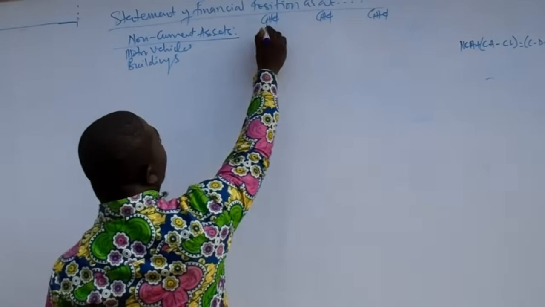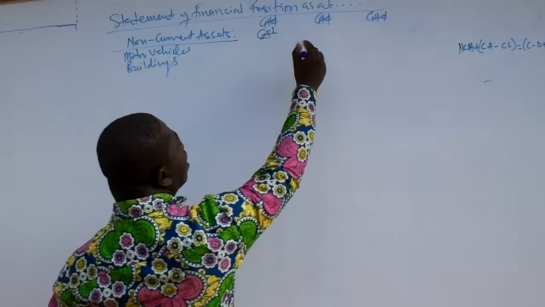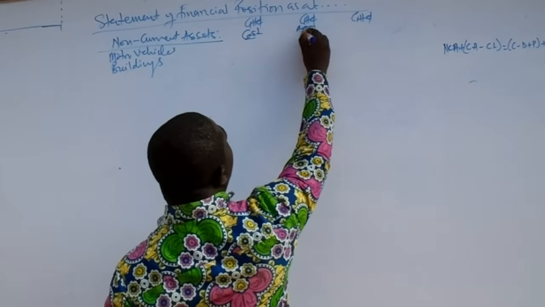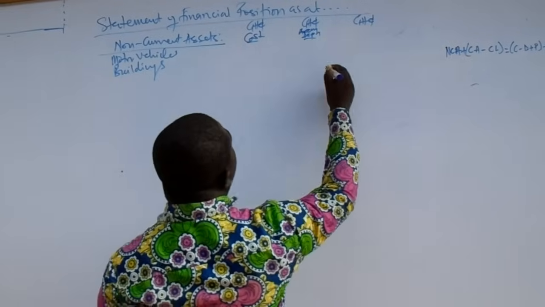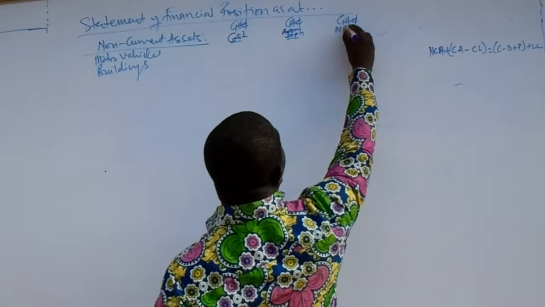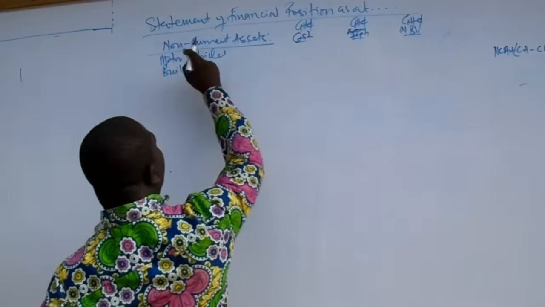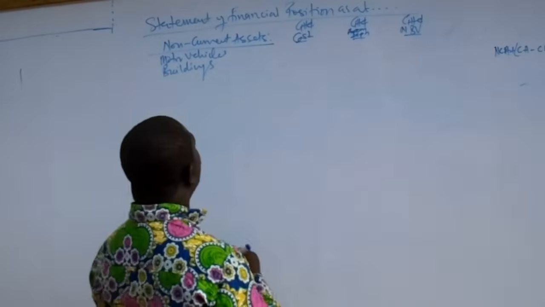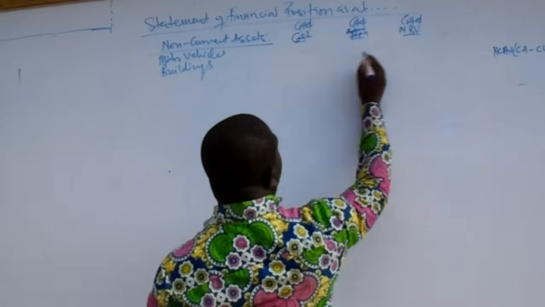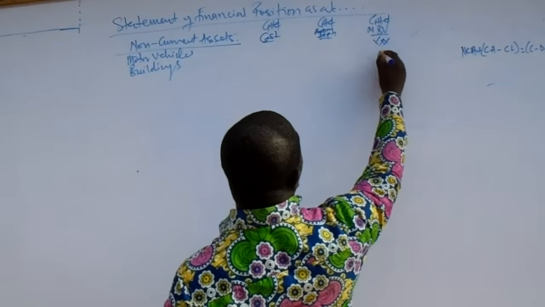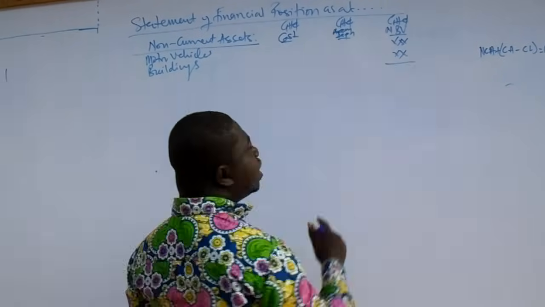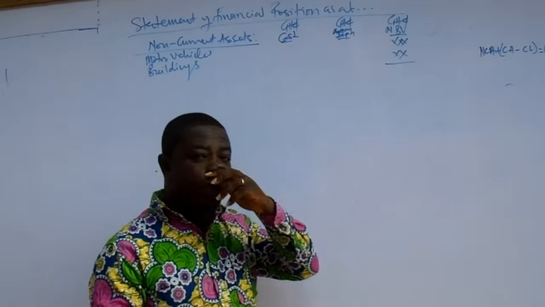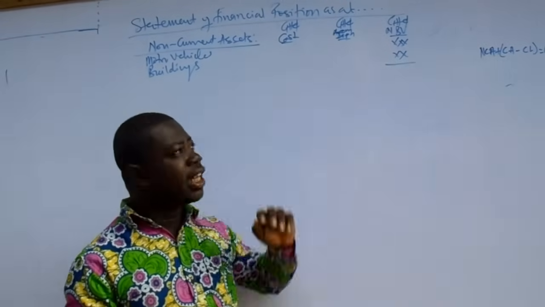So we can have a cost, then accumulated depreciation, and then our net book value will be here on the line where I wrote the non-current assets. For now, let me just put their net book values here, because this is the most important part. When I'm doing adjustments, I will come back and explain this.